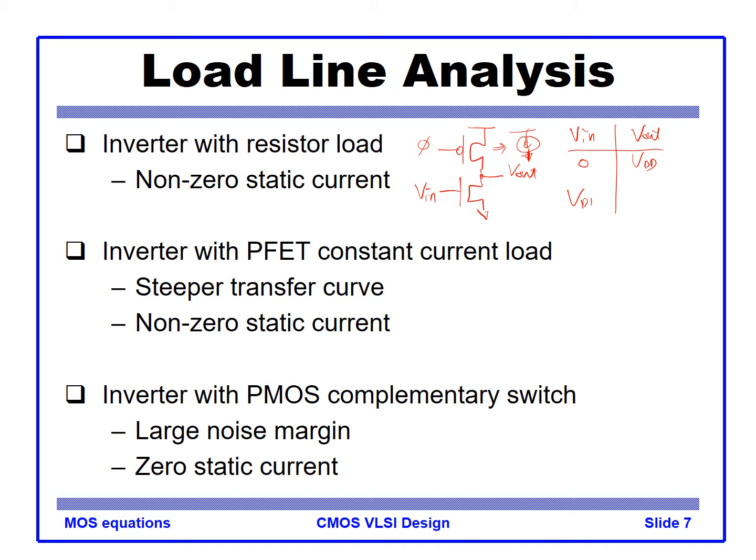If the PMOS current source is IP, then the pull down current IN must be greater than IP so that the output can be pulled down close to 0.